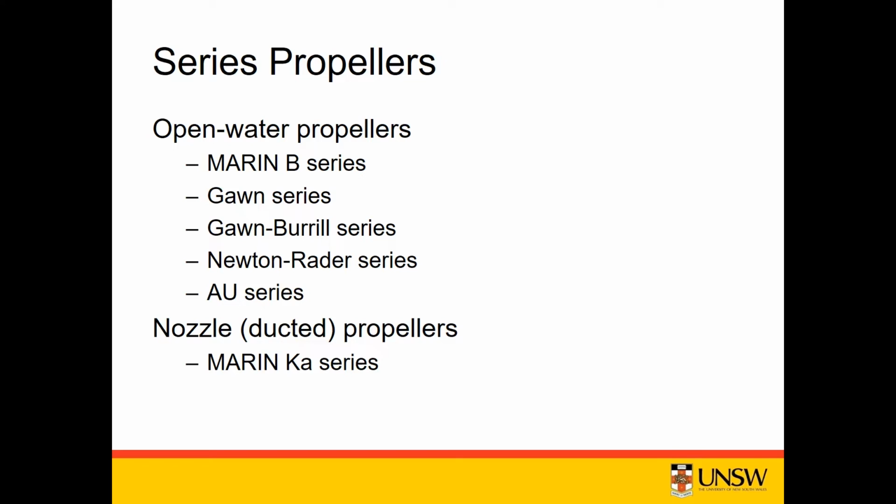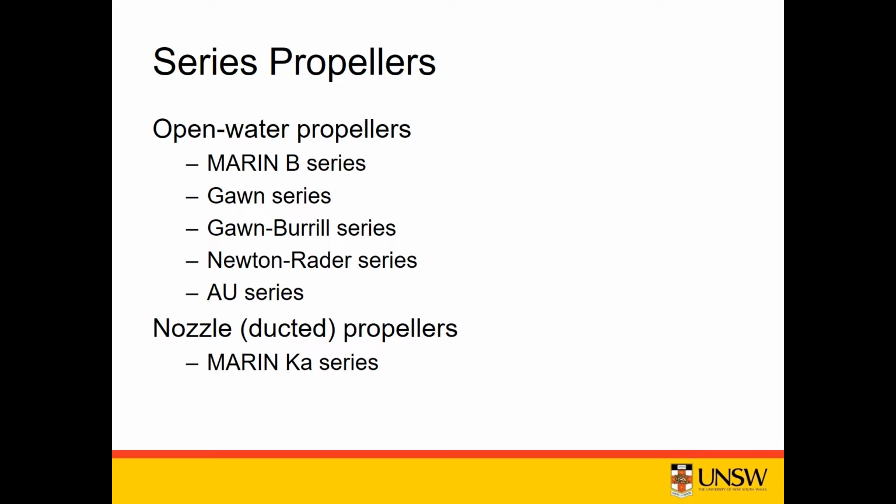And if you take the 2 series together, the Gawn series and the Gawn-Burrill series, it gives you a very wide range of A, pitch ratios, and B, blade area ratios. They're all open water propellers, but it's very useful for high speed type applications, particularly the wide range of pitch ratios going up to 2, and the blade area ratios going up to 1.1.